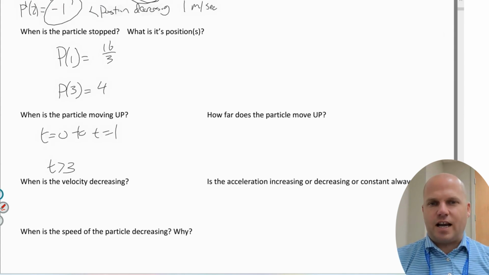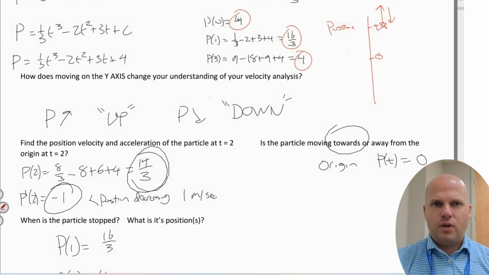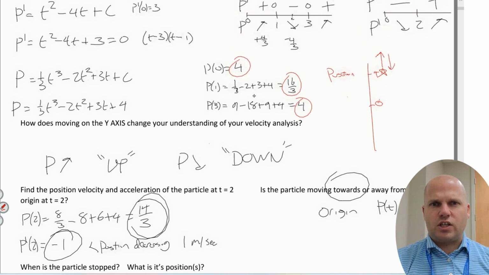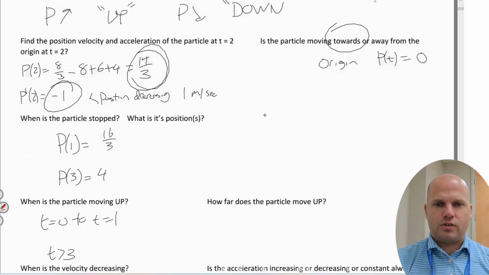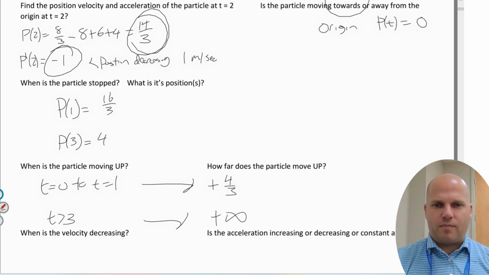Since I didn't tell you how to stop, like how far does the particle go up? From 12 thirds to 16 thirds, it goes up 4 thirds. From 3 to whatever, it'll just keep going up forever and ever.